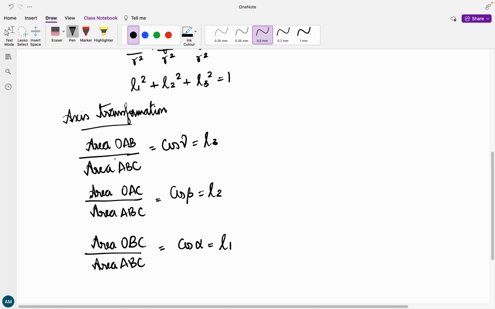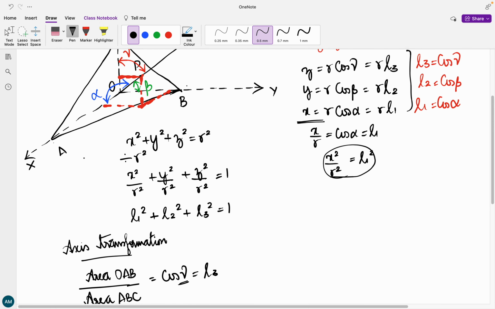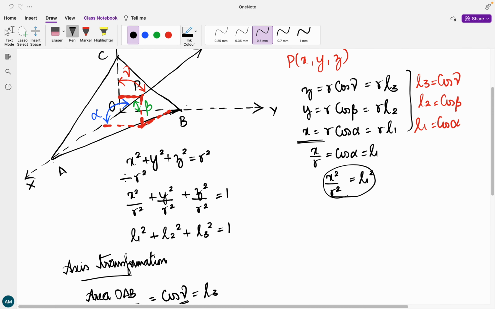So this is not confusing. I'll give you a small hint how to remember this. ABC is the total area, so that is going to be in your denominator. We have used gamma. Gamma is the angle that is inclined with respect to the z-axis and the outward normal. So z-axis. So this OAB lies in the XY plane.